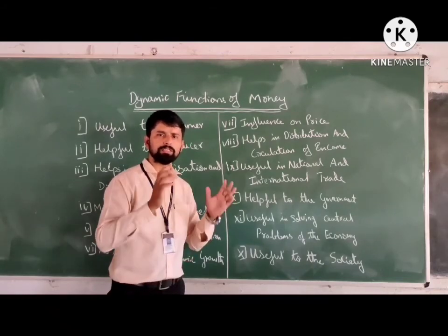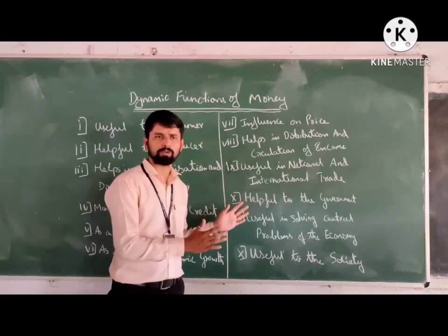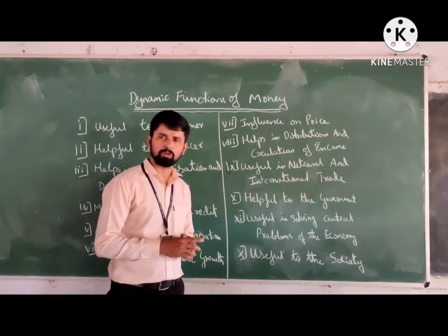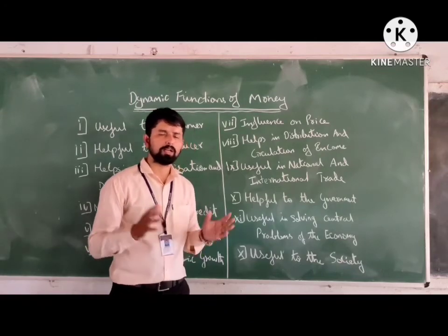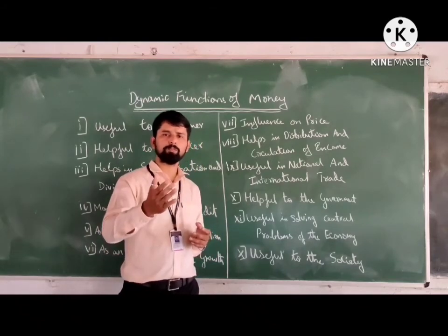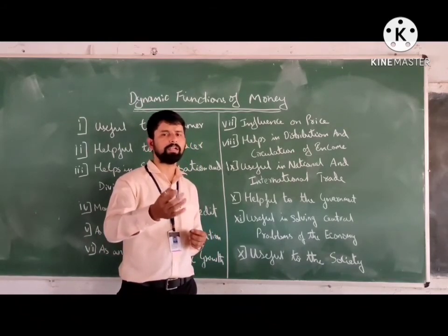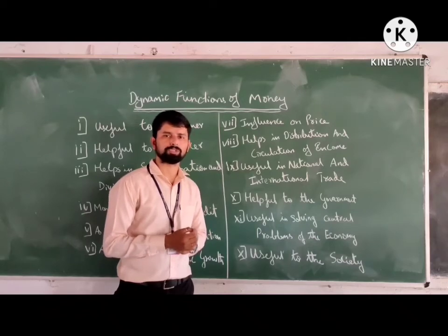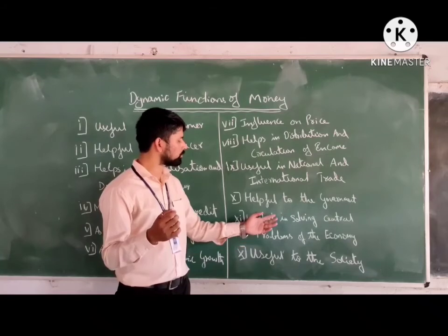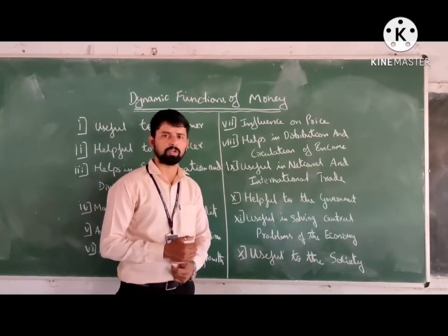So those problems have to be checked by the government to solve them. If the government does not check such problems, that may result in poverty, unemployment and other economic problems. So that's why money is useful in solving the central problems of the economy.